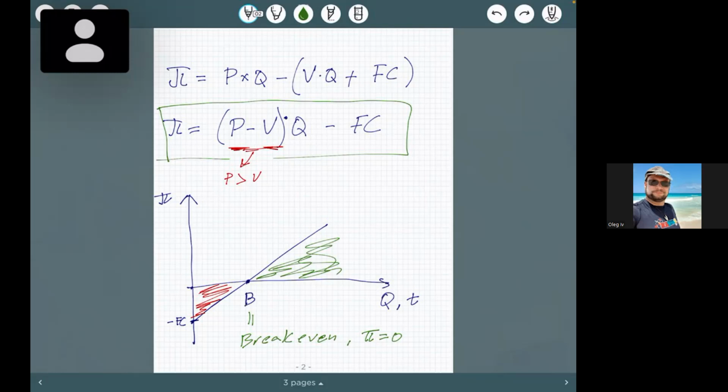Otherwise, if price is less than variable cost, there's just no reason for this business to exist. It's not only not profitable, that's important to understand. Not profitable is like this point. It's not profitable, but you still have a business. If your price is below variable cost, there is no meaning of that business because it will never be profitable.